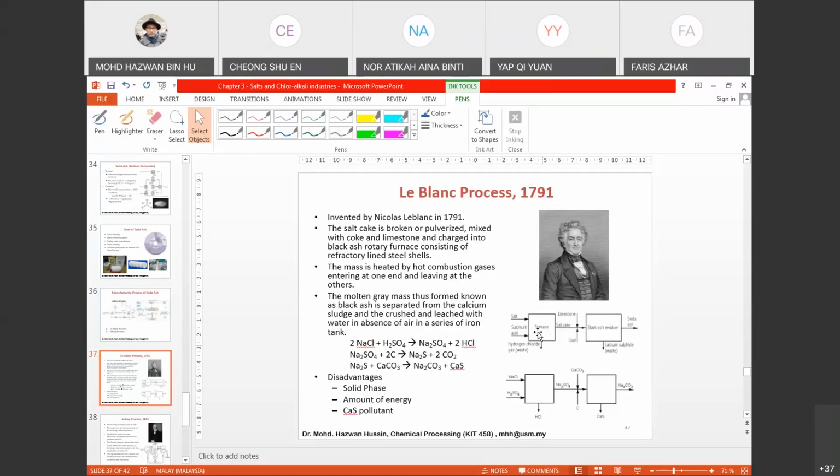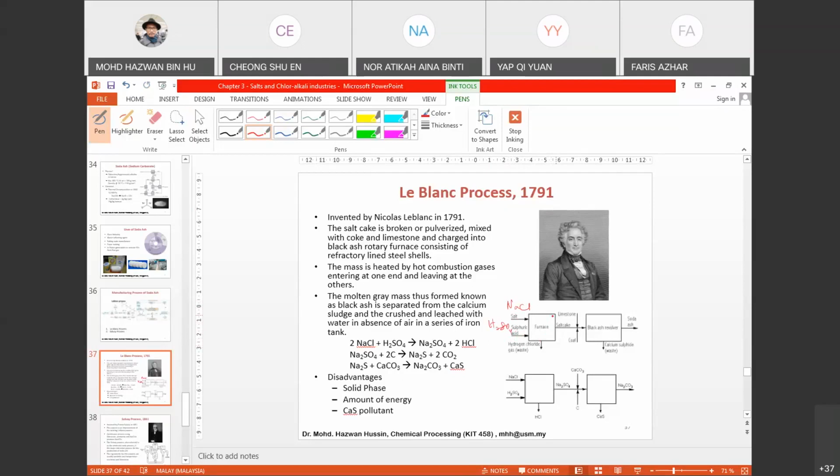So you will see that over here, this is the unit operation or the flow diagram of the Leblanc process. Basically, you have a furnace, and salt, NaCl, and sulfuric acid, H2SO4, will be added into the furnace.